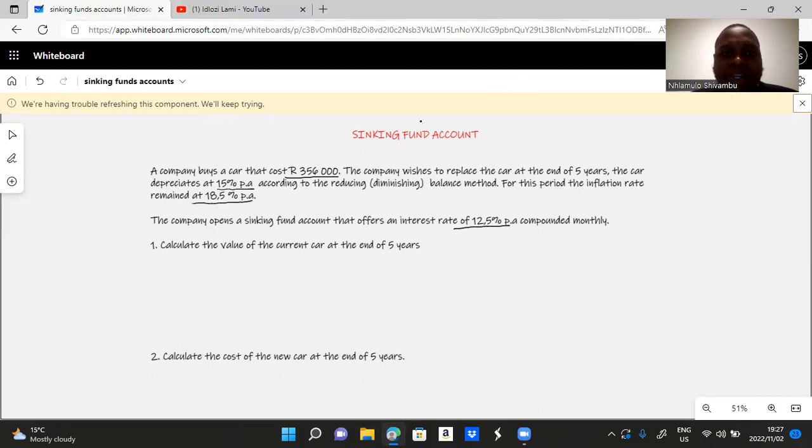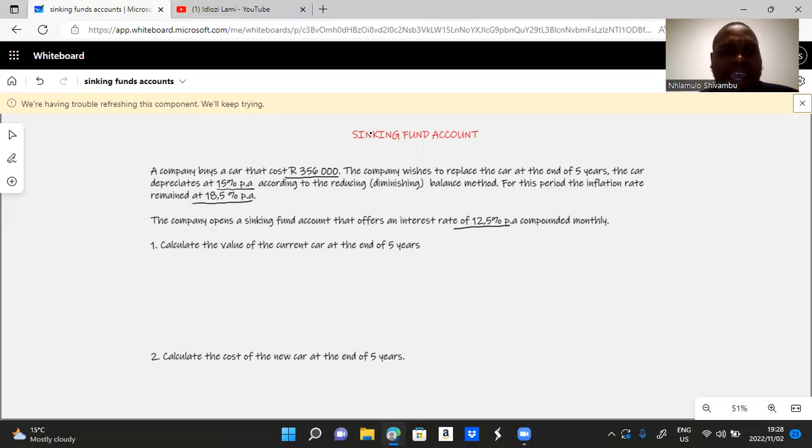What I want you to note here, so I'll say it's an NB. In a sinking fund account, in a normal circumstance, the first payment should be made 1 month after the asset has been purchased. On a normal circumstance, the first payment must be made 1 month after the asset has been purchased.